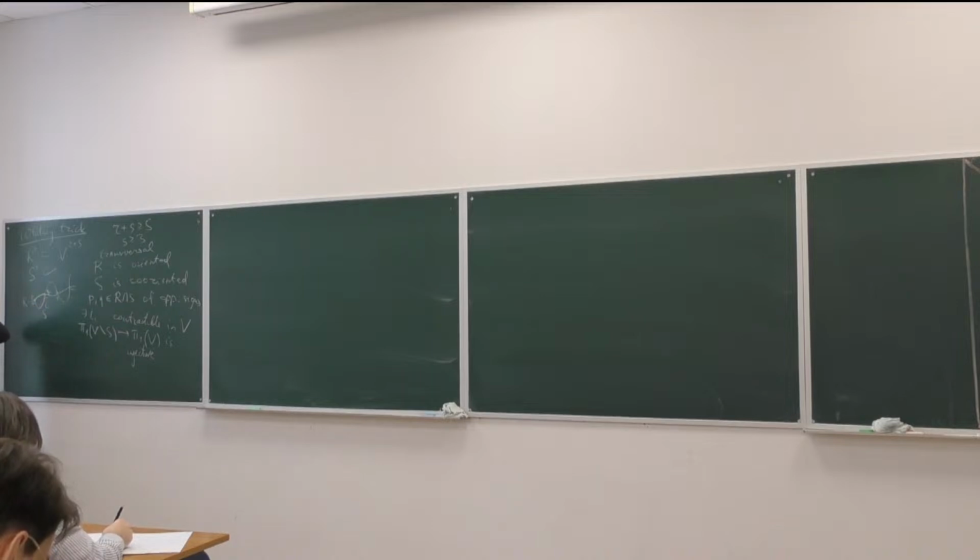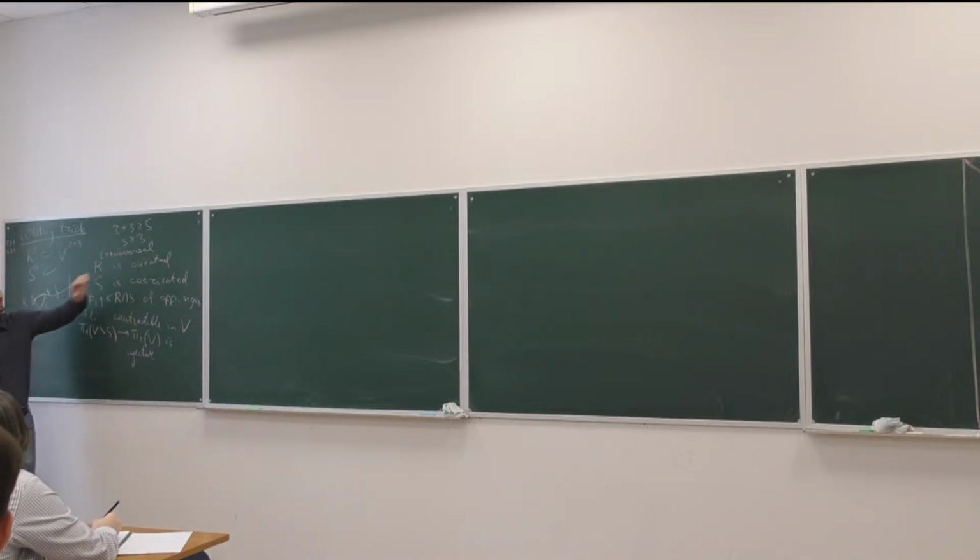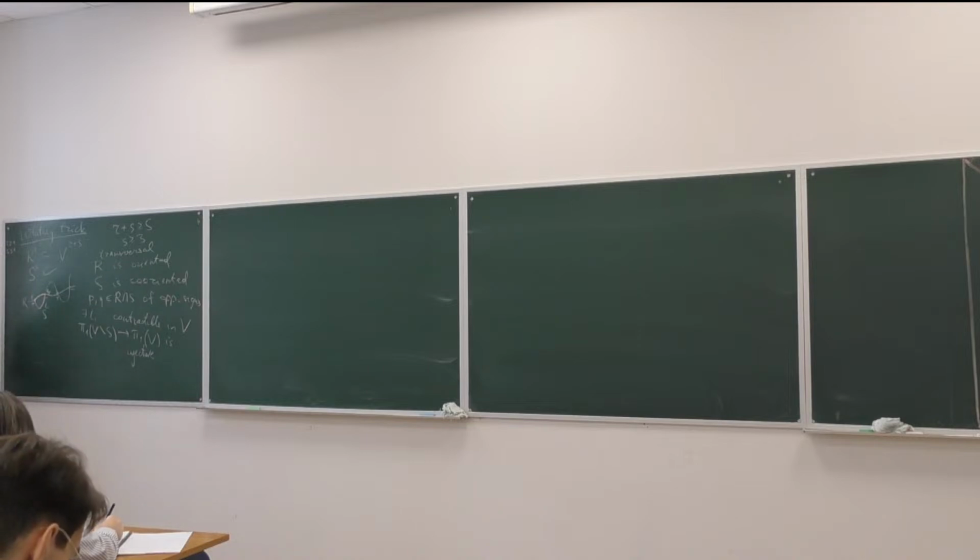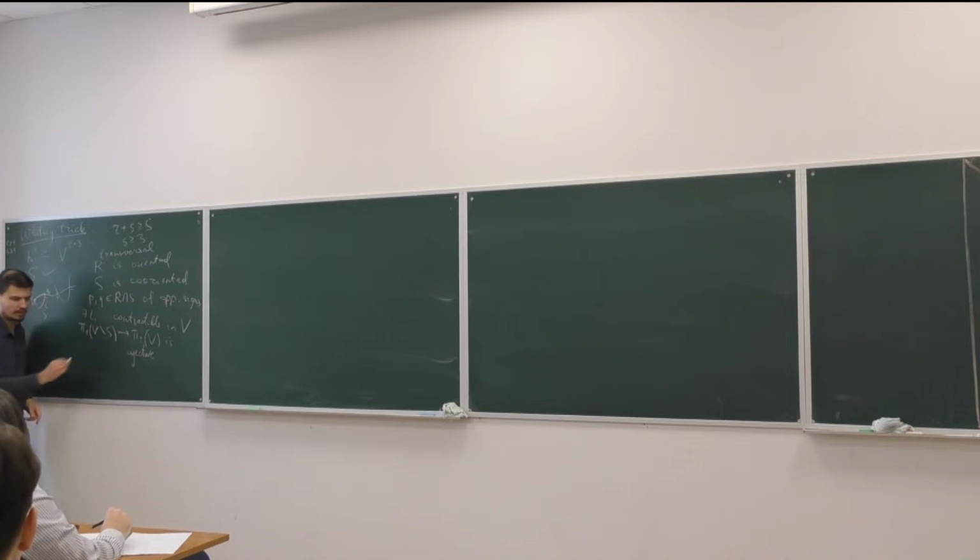There is a special case when r is 1. Of course, it is interesting only if both of them are greater than or equal to 3, but at least 1. It is not interesting when it is 0 at all. But there is a special case r equal to 1 when this can be disconnected.